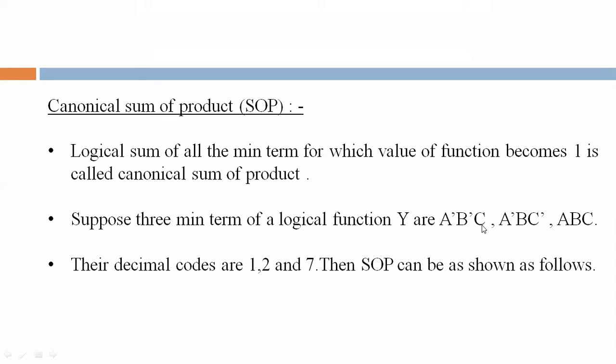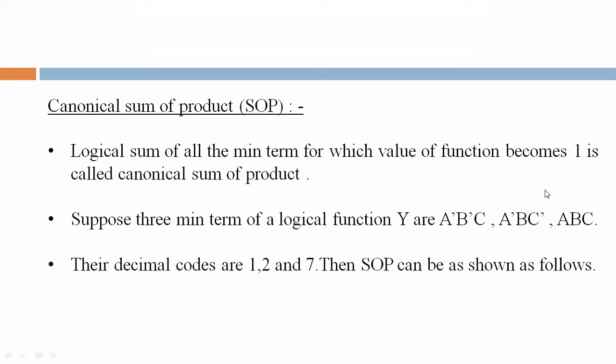C will indicate which value? 1. Here we take 1 for the uncomplemented form, and 0 0 for A' B', that is the condition of minterms. By the help of minterms we get this word. And here A' B C', that means C' is 0, B is 1, and here also 0.